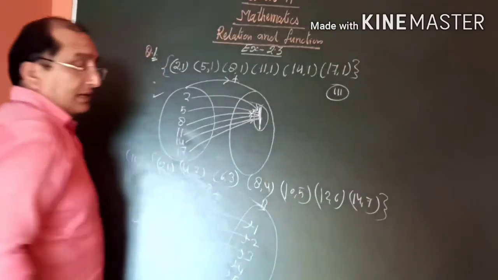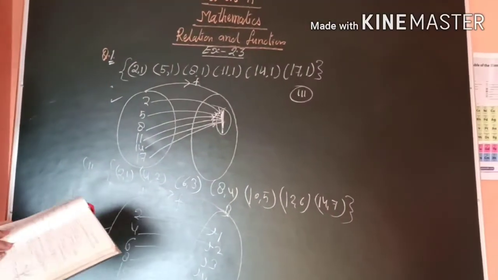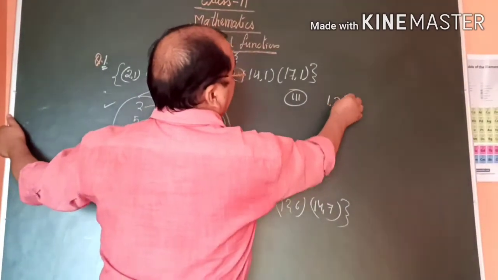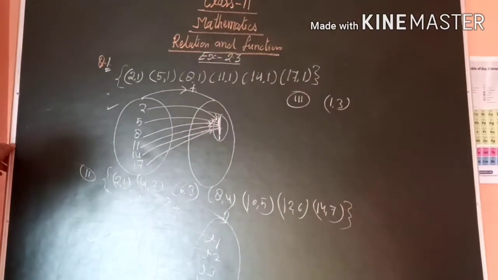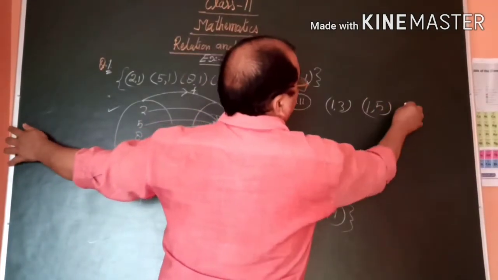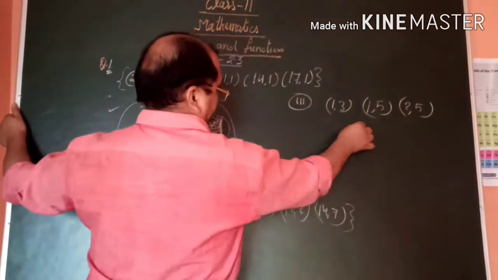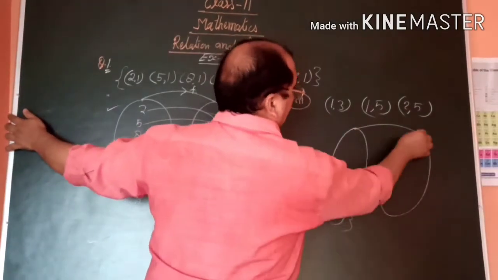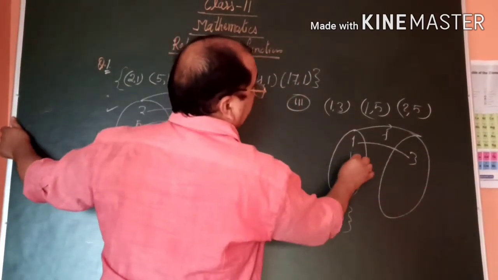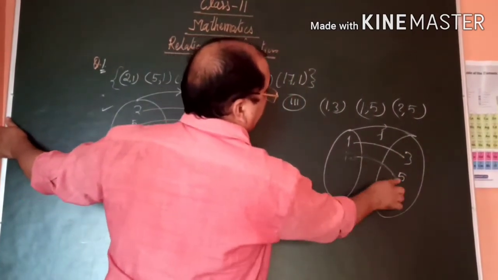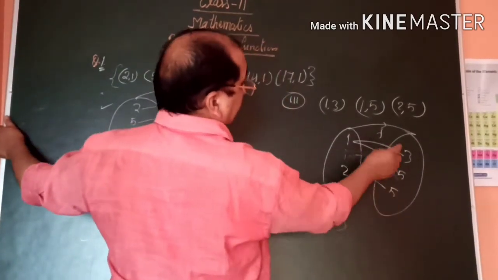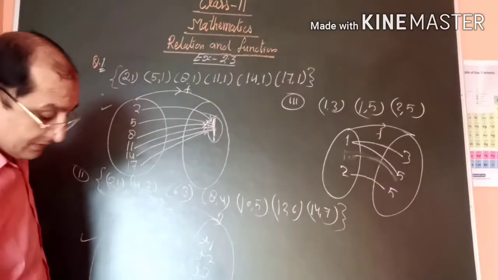And the third part is (1,3), (1,5), (2,5). We can consider it directly now. See, here 1 goes to 3 and 1 goes to 5 again, meaning 1 has images 3 and 5, and 2 goes to 5.